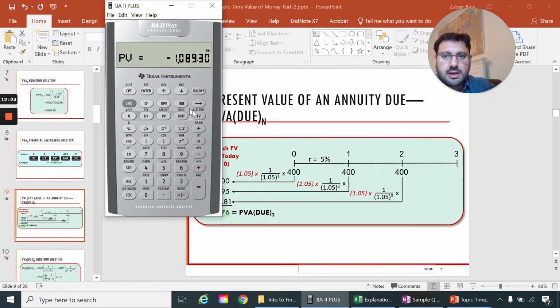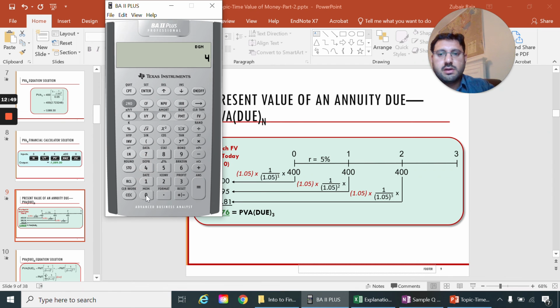So in the calculator, first of all, you have to change the payment mode to the beginning by pressing second enter. Now you are set to go. N is your 3, same 3. Interest is your 5, and your present value, this is what you need to find, so that's why we will press this button in the end. What is the payment?